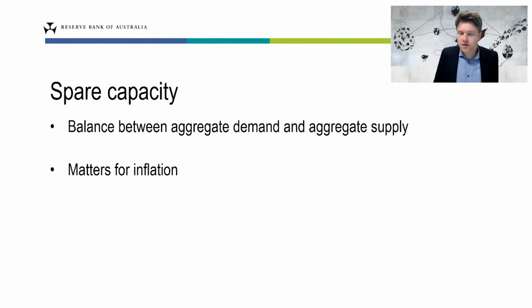Now, if we find ourselves in a situation where the aggregate demand for goods and services falls short of the economy's ability to actually supply them, then we say that there is spare capacity. But on the flip side, if there's too much aggregate demand relative to the economy's ability to supply it, we say there is no spare capacity.